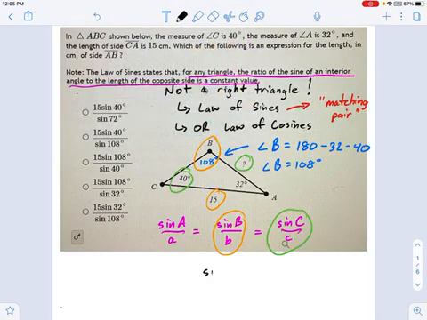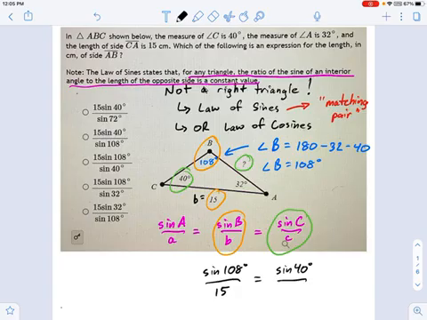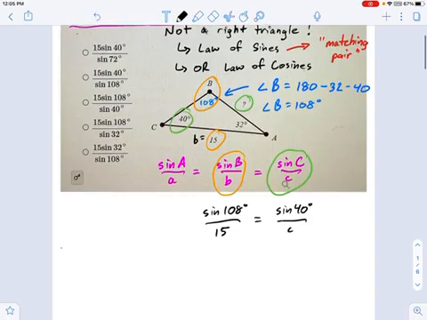This is going to be sine of 108 degrees divided by 15, right? That's little b right there. Remember, the little letter always goes across from the big letter opposite it. And then sine of C, angle C, that's sine of 40 degrees divided by little c. Well, I don't know what little c is. Okay, so I want to know what is the centimeter length of side AB. In other words, what's that C thing?